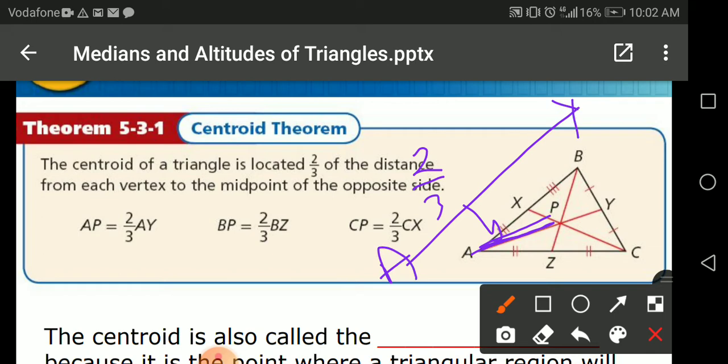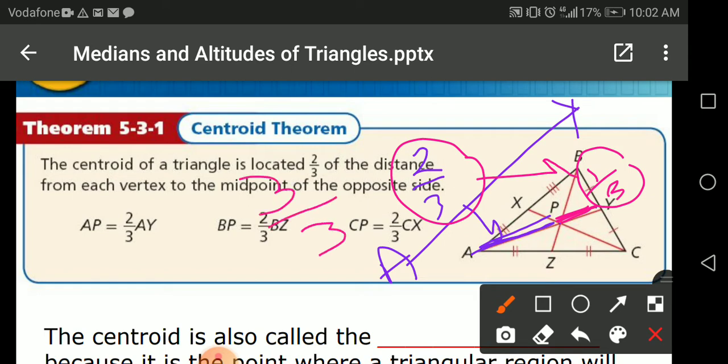This means that PY, let it be with another color, PY is what? 1/3. Why, miss? Because 1/3 plus 2/3 gives me 3/3, and in math, a number divided by the same number gives a whole.